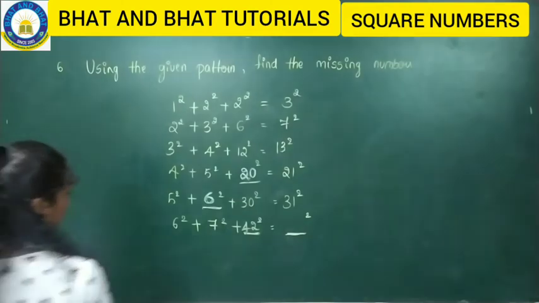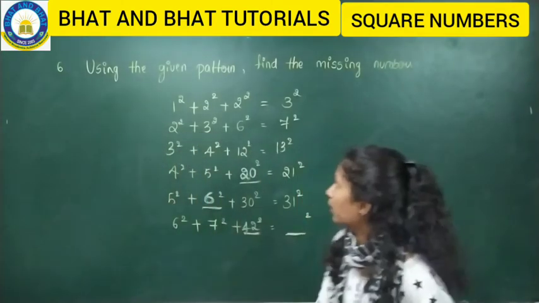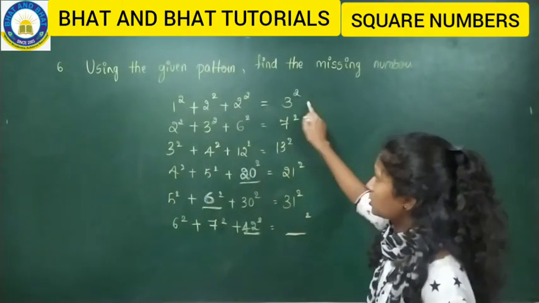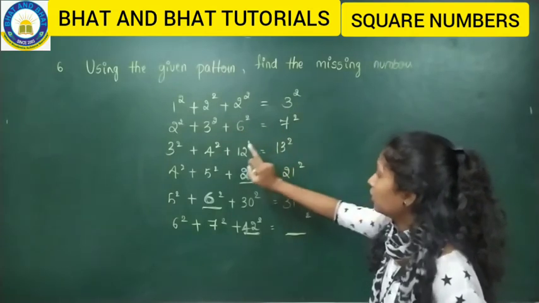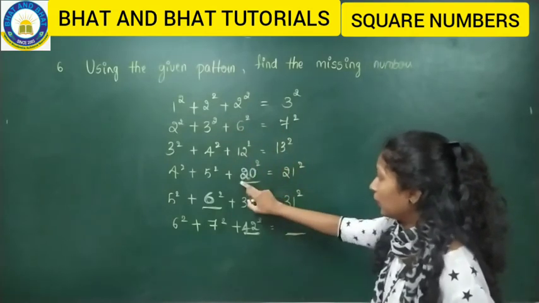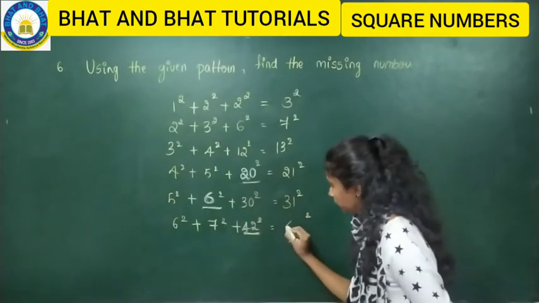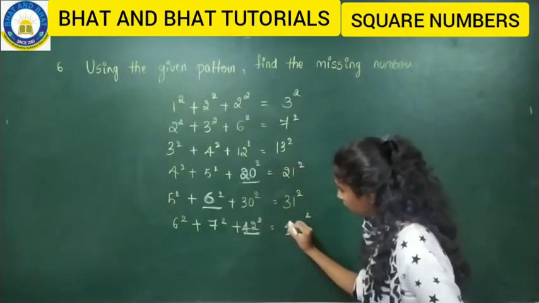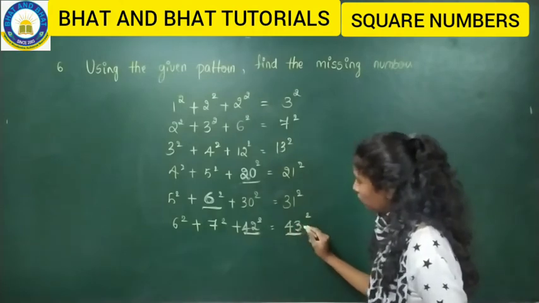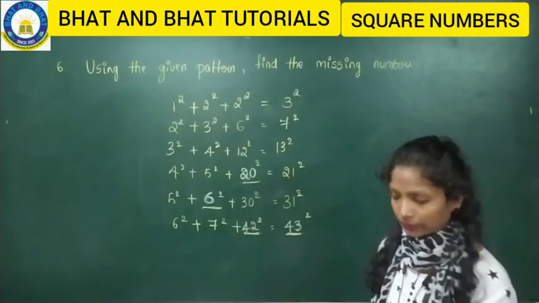Okay, so wait, I'll just tell you the trick and then you can. So here it is 2, here it is 3, 6, 7, 12, 13, 20, 21, 30, 31, 42, 43. And if you want, you can solve, we will get the same answer only. Okay.